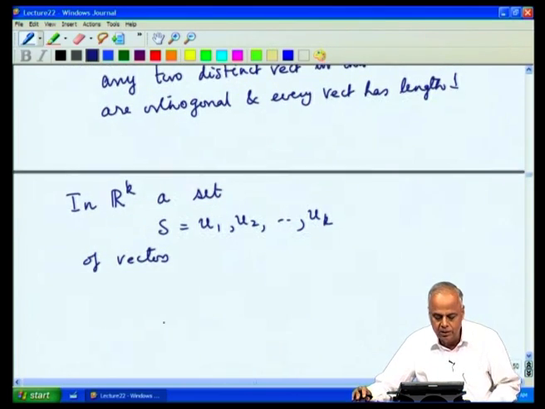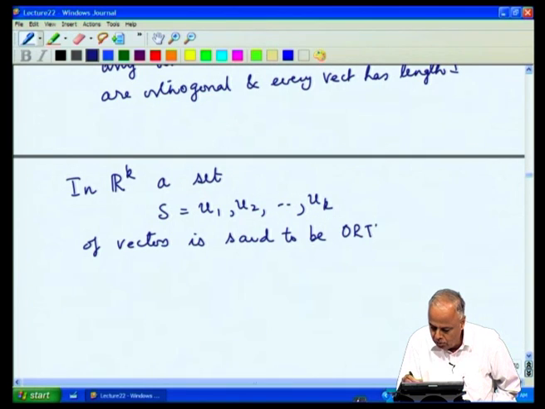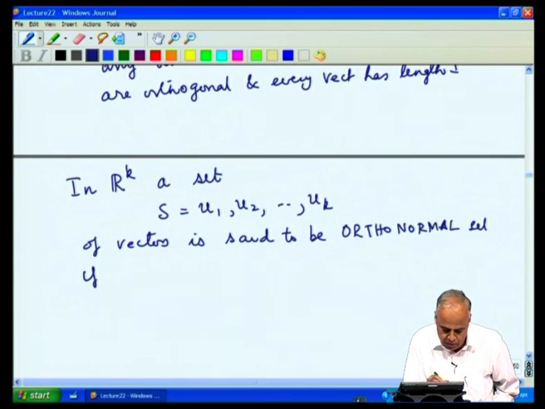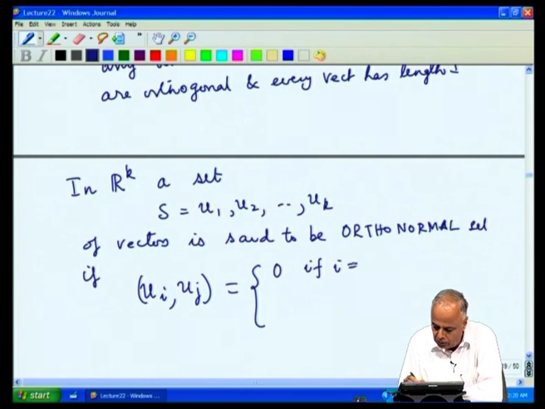A set of vectors in R k is said to be an orthonormal set if you take ui comma uj, the inner product between any two vectors, this must be equal to 0 if i not equal to j, 1 if i equal to j.